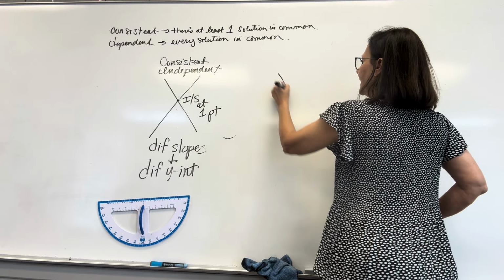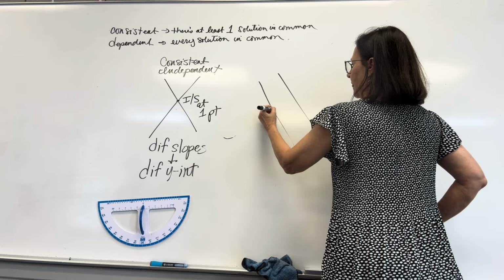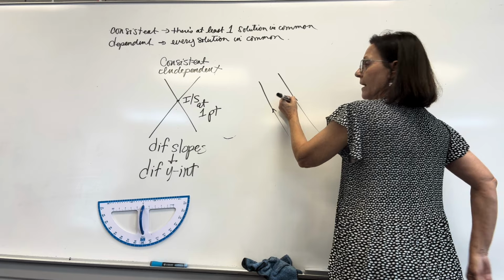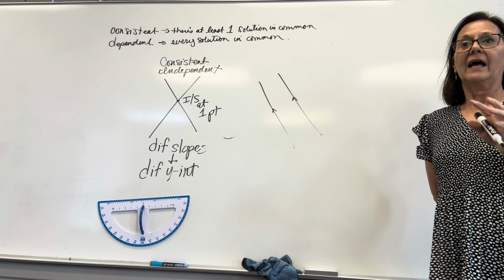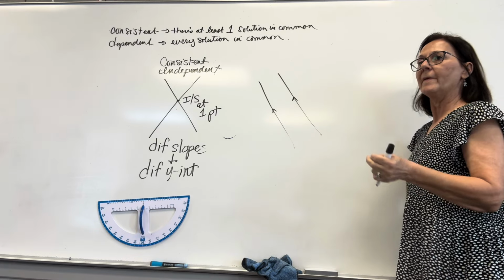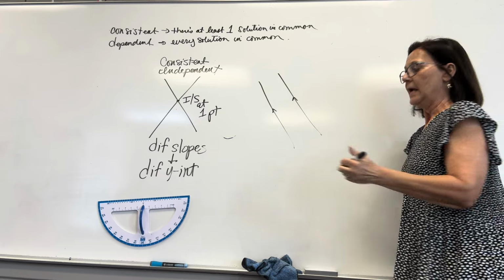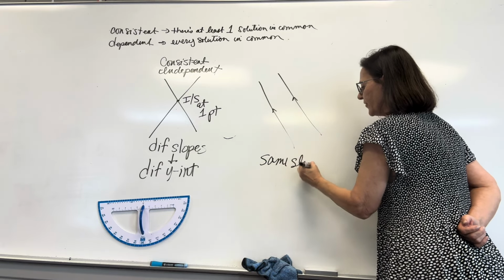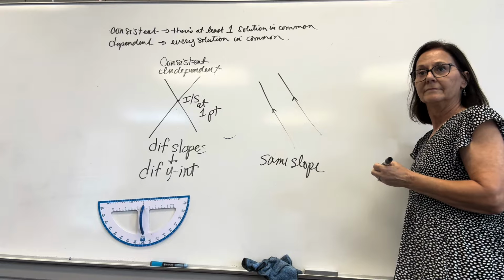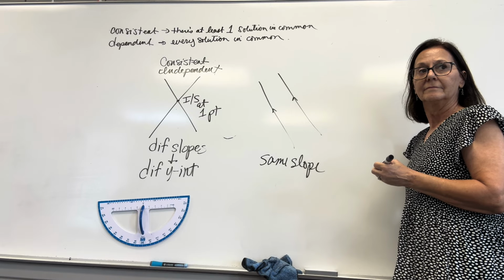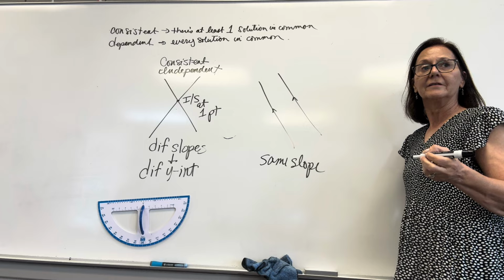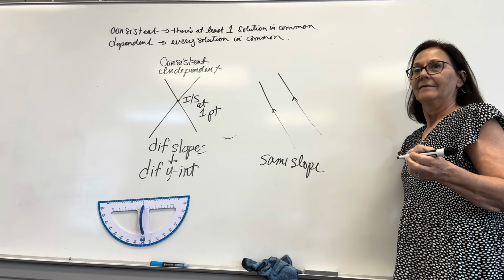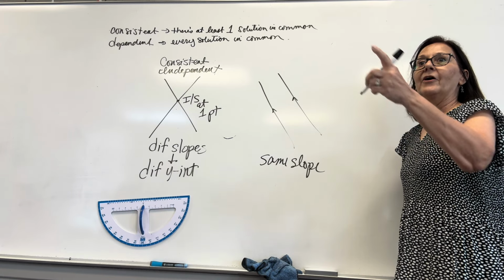Okay. What if I have parallel lines? Hey guys, what do you know about the slopes? The same. Same slope, the exact same slope. What about their y-intercepts? They're different, because if they're perpendicular, they have reciprocal slopes.